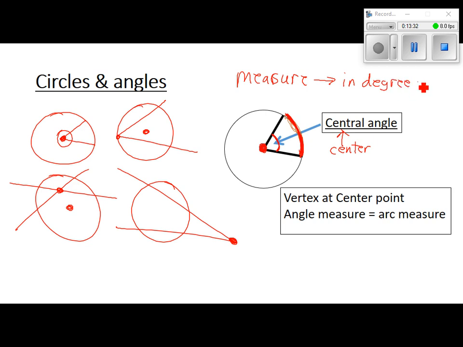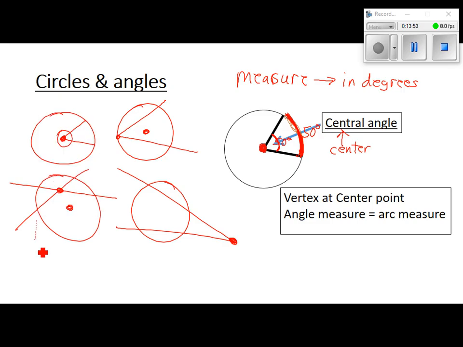If we're talking about the length of an arc, then it's in centimeters, millimeters, feet, whatever. So if this angle here is 50 degrees, then that means this arc is 50 degrees. That's for a central angle. So for a central angle, if the vertex is at the center, the angle and the arc are always the same.